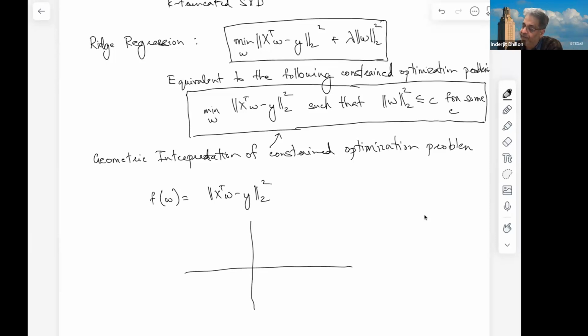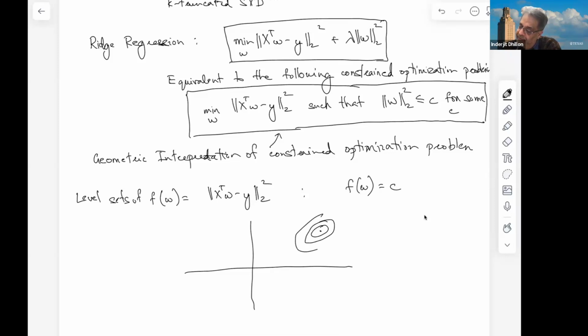If I look at the contour map or level sets, and I'll explain what level sets are. Level sets are where f(w) is a constant. So the contour map looks like this.